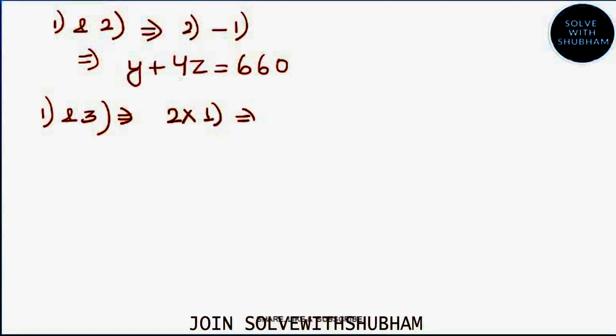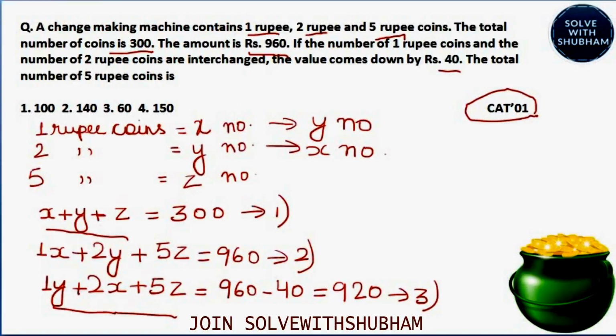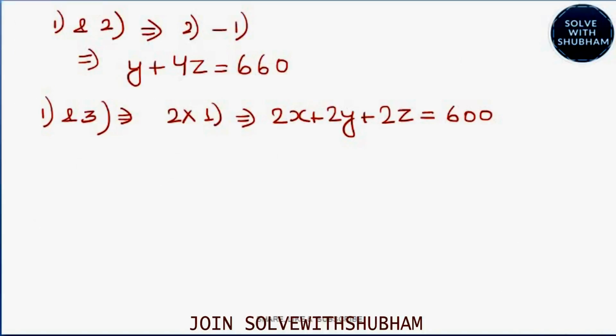Let us multiply 2 into equation number 1. Our new equation would be 2x plus 2y plus 2z is equal to 600. Equation number 3 is 2x plus y plus 5z is equal to 920.